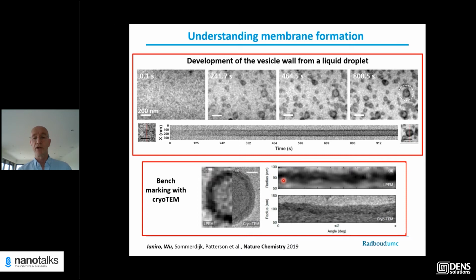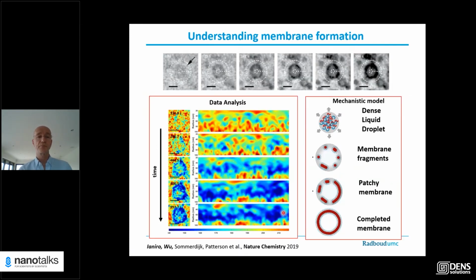We can open up the membrane and straighten it, and we do the same for the cryo, and we see that we have similar membrane types. We can now analyze the data a bit further, and we see that from the beginning we have a little blob that has not really a difference between the inside and the outside. Only in time do we see a membrane forming on the edge of the droplet.